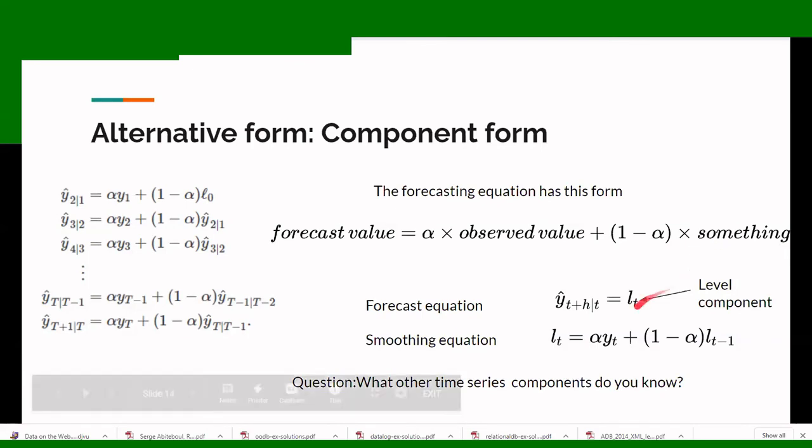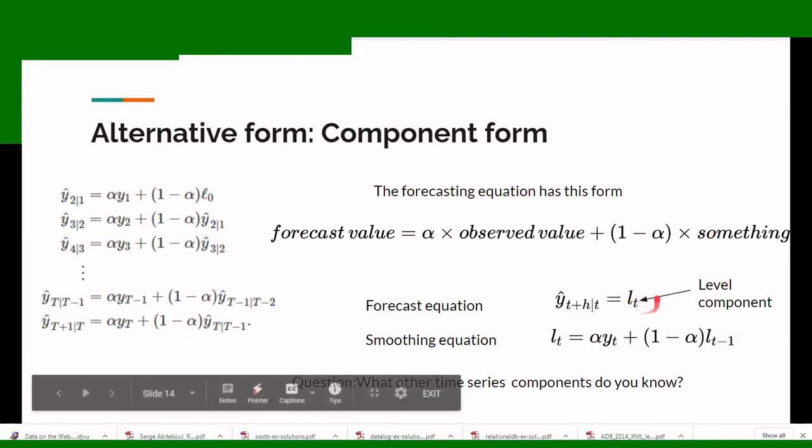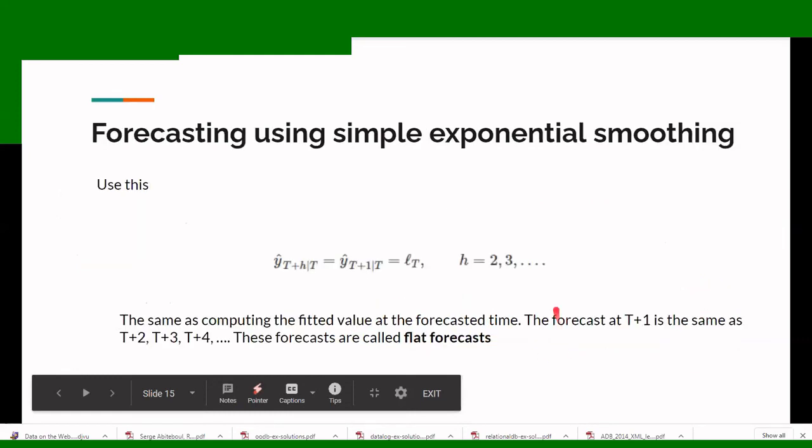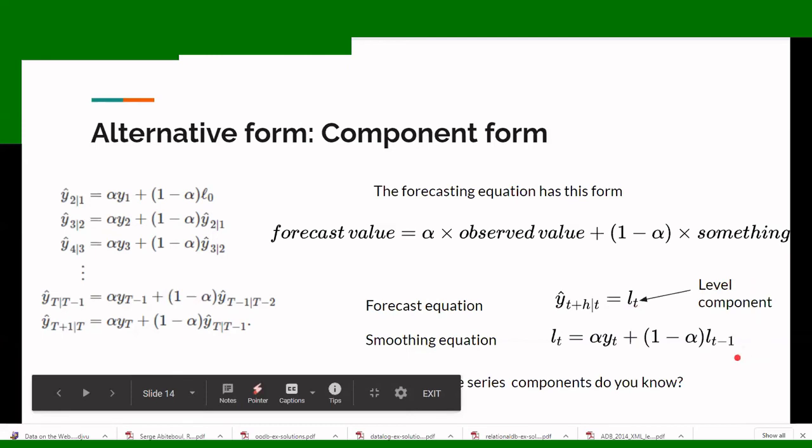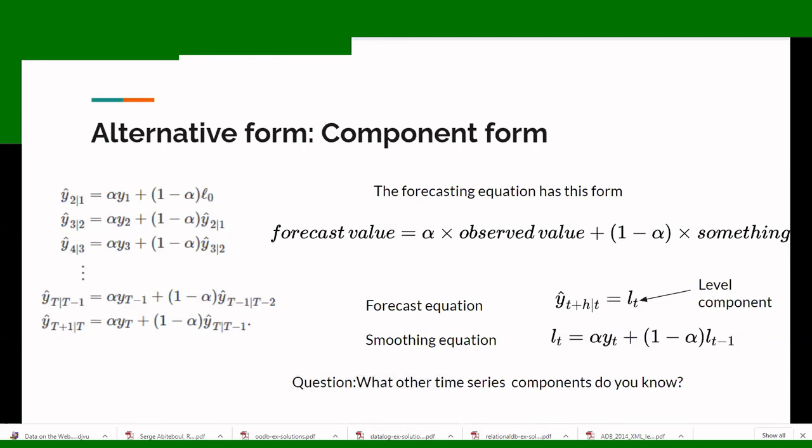We can basically say that this is just the LT, which is what we call the level component. LT equals this one. So ano ang kanyang property? Dyan makikita na natin kung saan siya pwede ma-apply.